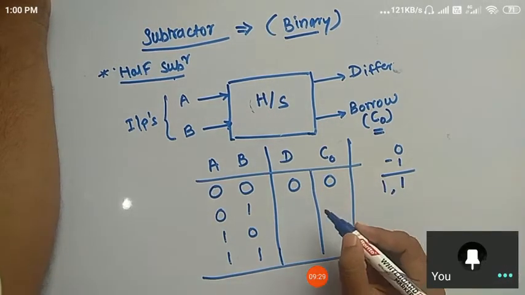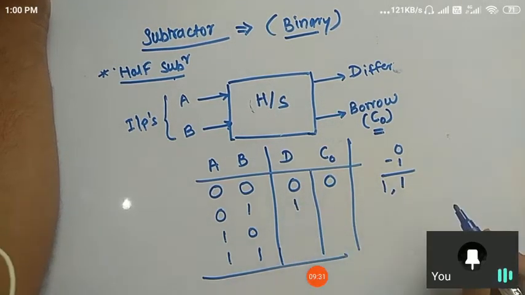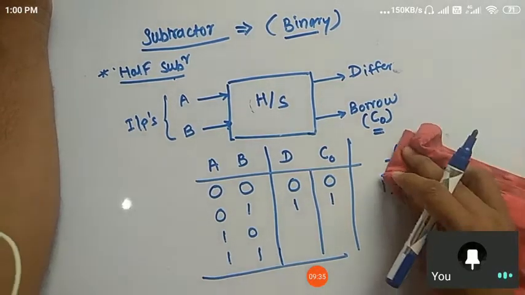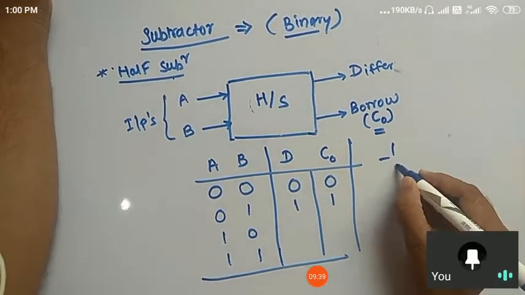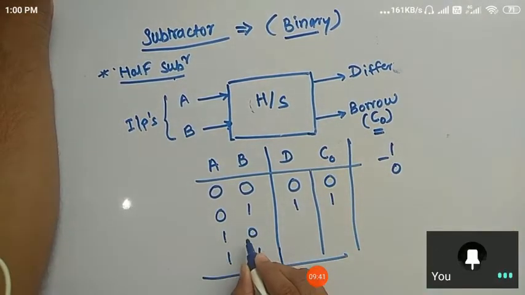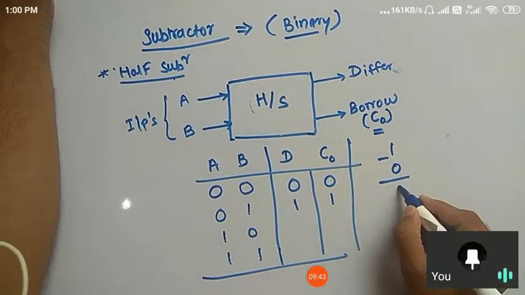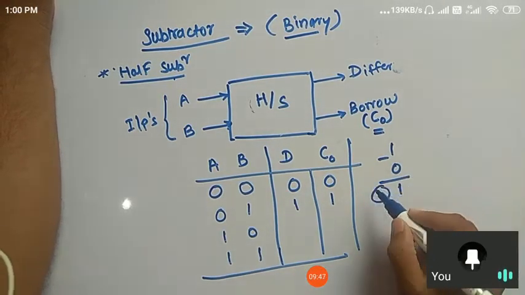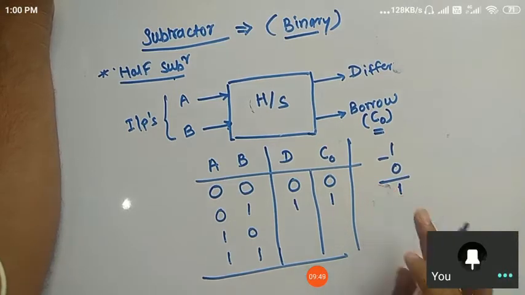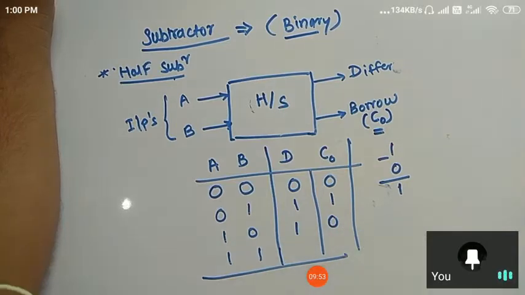So the difference is 1 and the borrow, or we can say carry, is 1, for your simplification. Next, 1 minus 0, the difference is 1, and this one is larger, so no borrow or carry is generated. So the difference is 1 and the borrow is 0.